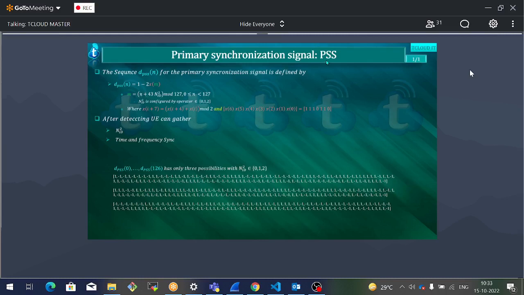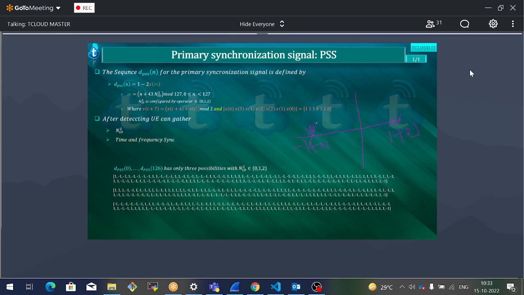Remember, ones and minus ones on our constellation diagram are definitely special symbols. 1 is identified as 1 plus 0j, so your imaginary part is 0. Minus 1 is identified as minus 1 plus 0j, which is at 180 degrees phase. So this is at 0 degrees and this is at 180 degrees. And these two phases are all we use, not any other modulation symbols.